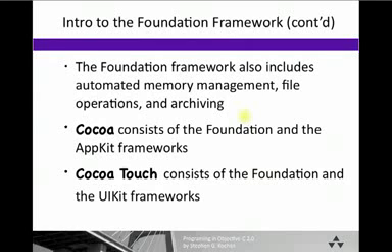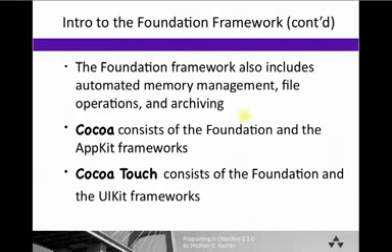Now, Cocoa is a name that's applied to a combination of two frameworks, namely the Foundation and the Application Kit, or AppKit, frameworks. Some people say also that the Core Data framework is included as part of Cocoa, but that's really just semantics.